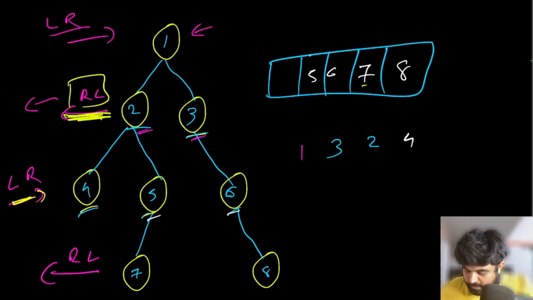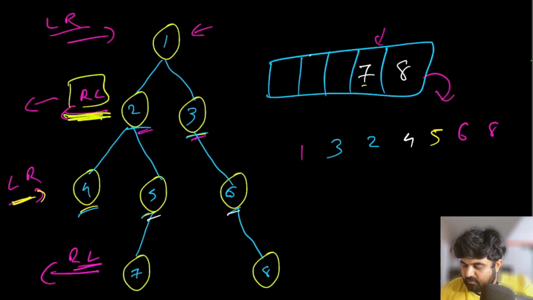Popping 5 out should be simple, and popping 6 out should be simple as well, because we already took care of them. But for values 7 and 8, again we are moving in the right to left direction, so last in value 8 is going to come out first before 7 coming out, and in the end we would not have any values inside our queue, which means we can get rid of it.